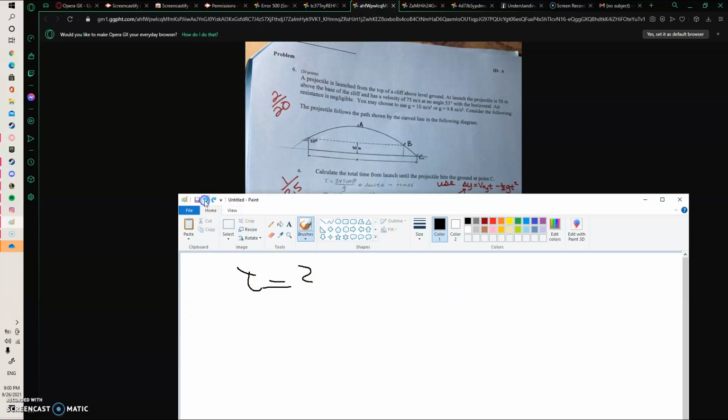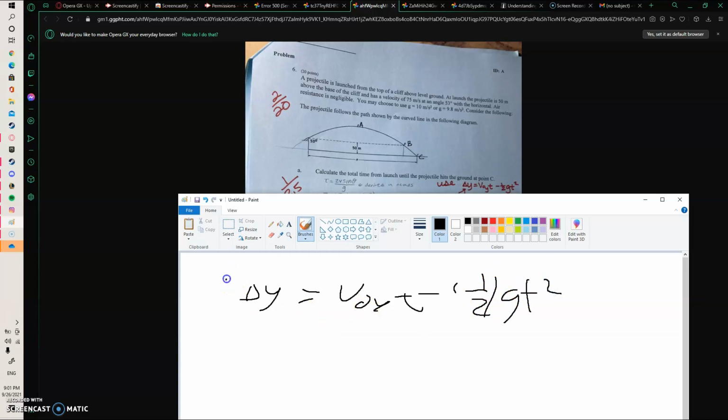What I should have done is delta y equals V naught y t minus 1/2 g t squared. The reason we can use this is because we have a delta y, which is actually negative 50 meters, and we have our value of Vy that we just calculated, and we have our value for gravity.